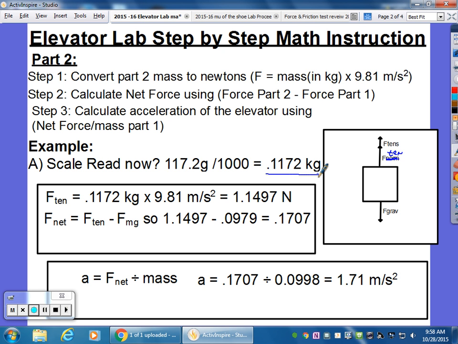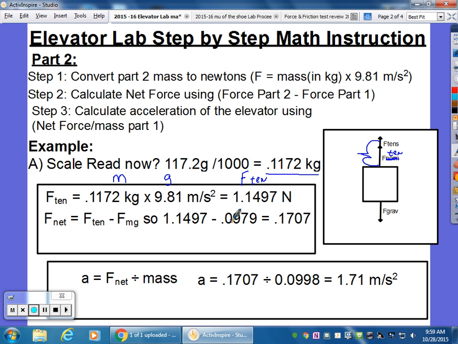First, we convert our grams into newtons by multiplying by gravity, and this becomes our tension force for both of these. Then net force equals the tension minus the mg, which we already calculated as 0.979.